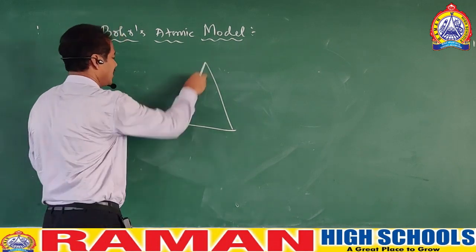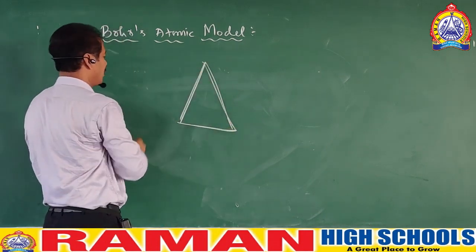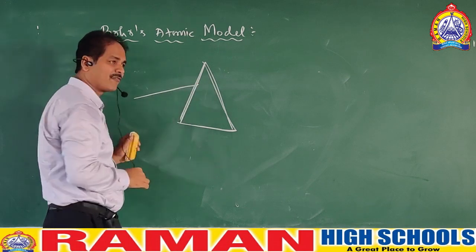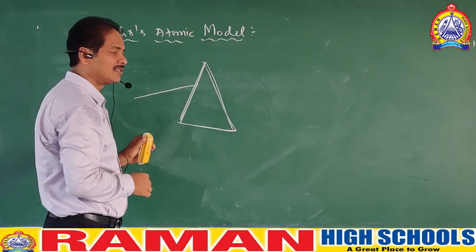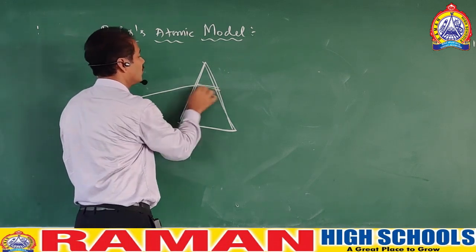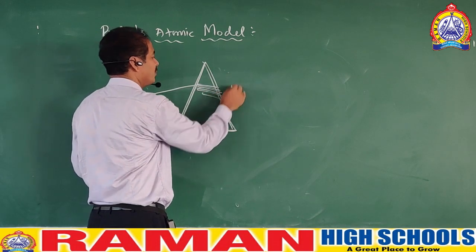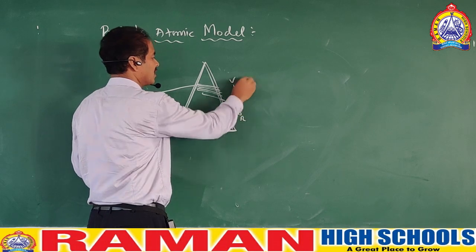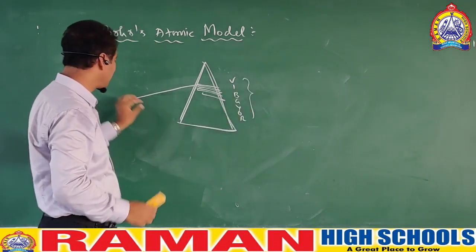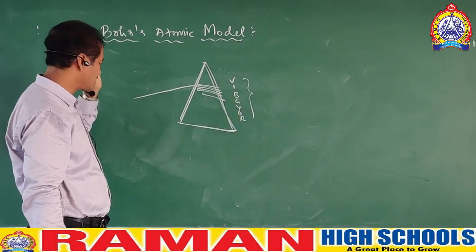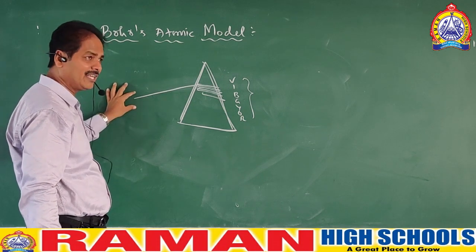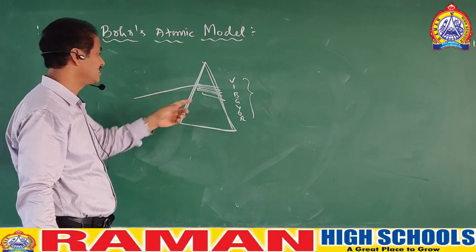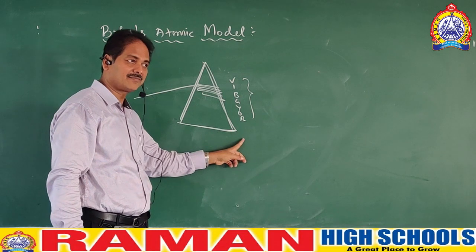If you take a prism and incident a beam of white light on the prism, this white light undergoes division into VIBGYOR colors. These are the colors. We see white light with our naked eye, but that white light has these many colors in it.